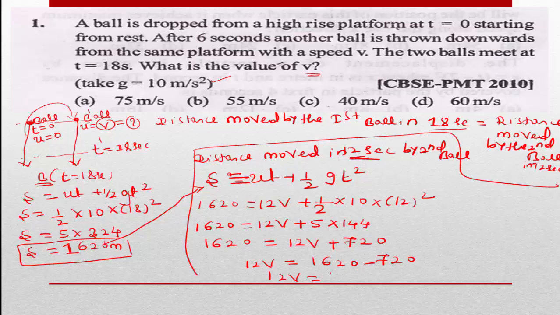We get the answer, that is 900, and then v is equal to 900 divided by 12. 900 divided by 12, we get the answer 75 meter per second. Here the option A is the right answer. v is equal to 75 meter per second.